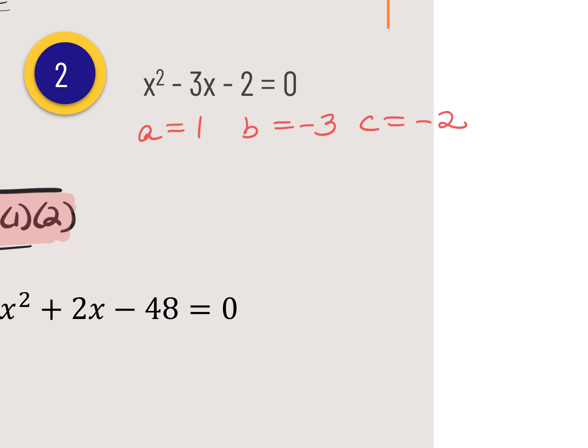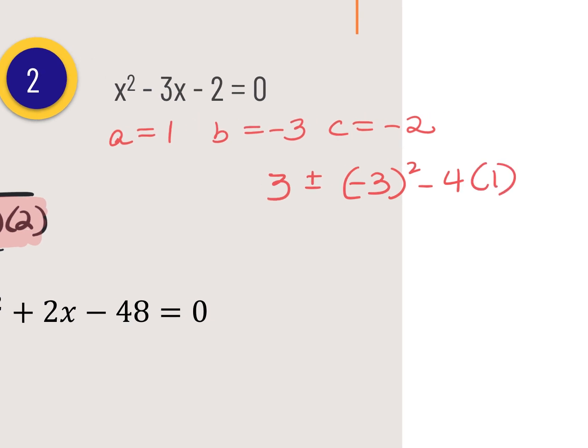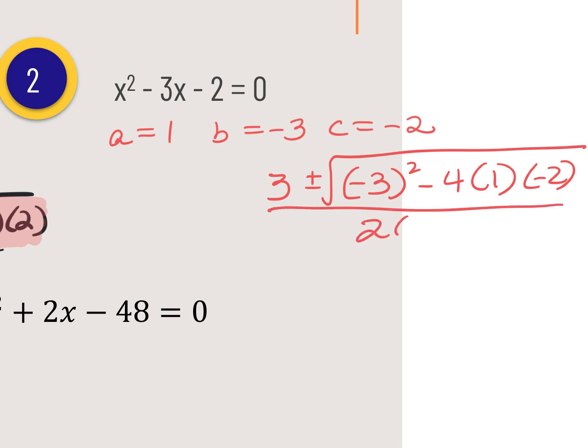So again, opposite of B, or -3, becomes +3, plus or minus B squared, which is -3 squared, minus 4 times A times C, all under the square root, divided by 2 times A. So now you have to follow order of operations.